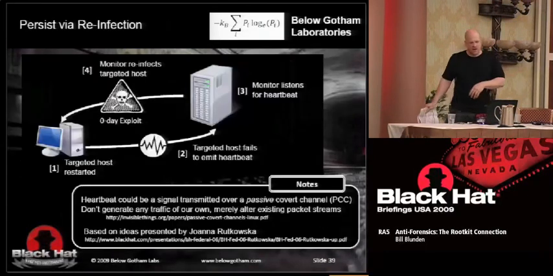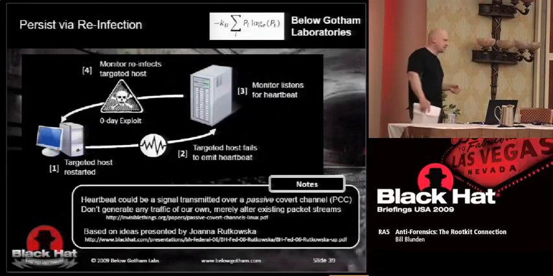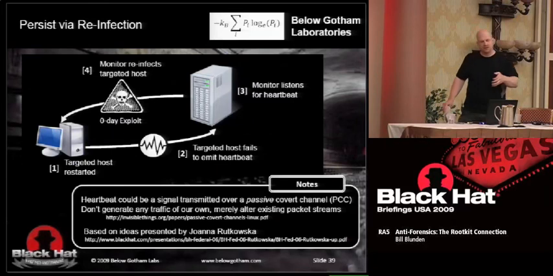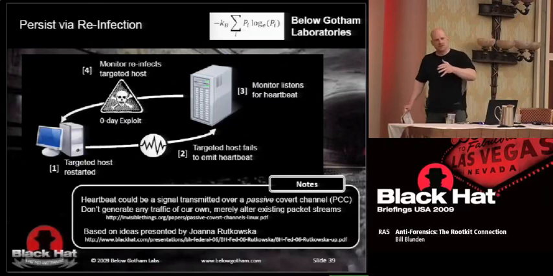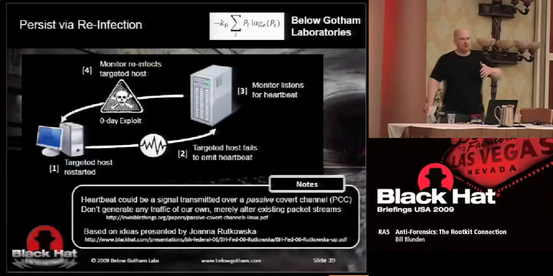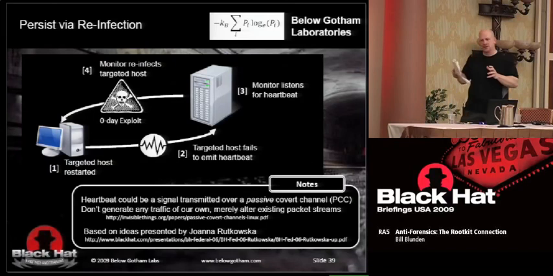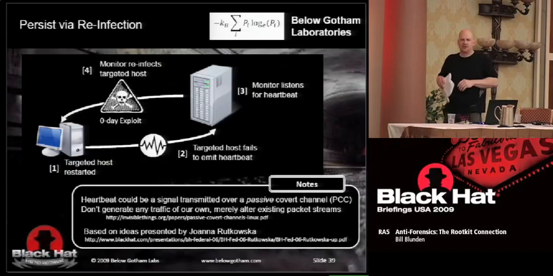One way you can have your cake and eat it too is persisting by reinfection. In other words, your rootkit sends out a heartbeat. And for this heartbeat, you can use a passive covert channel, so you don't have to generate any new network traffic. You might be able to embed your heartbeat within an existing network packet, with the server passively listening for it. And so you have this heartbeat monitor, which is accepting this signal, which could be passively embedded.